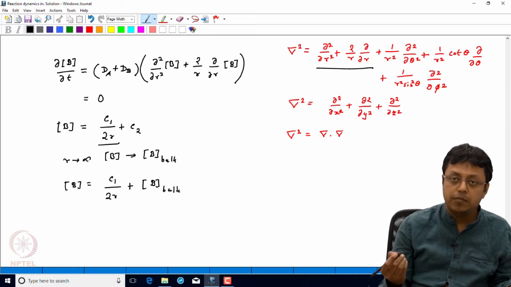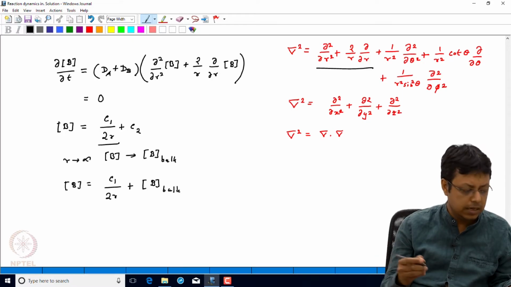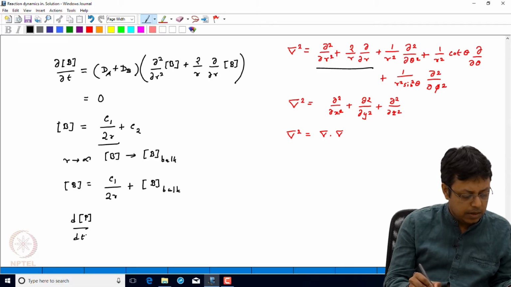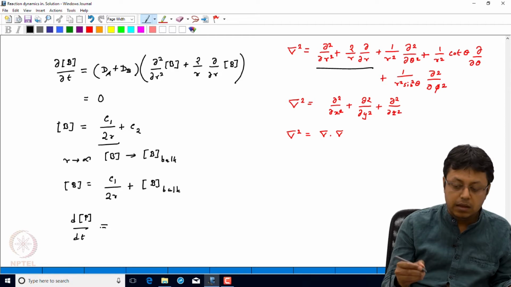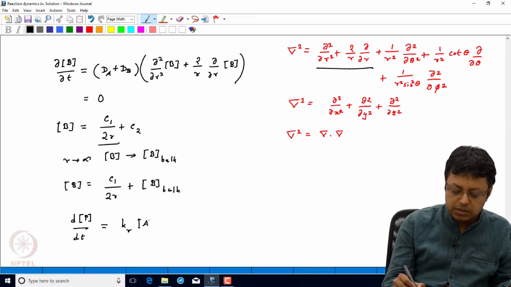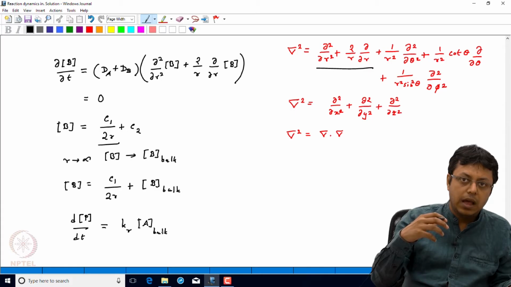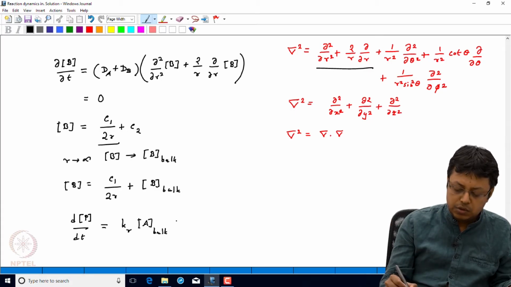Now, what is the rate of product formation? That is what we are interested in, and we already wrote that the rate of product formation, dP/dt, is equivalent to the reactive rate constant times the concentration of A in bulk, because we are thinking that B is coming and B is depleting.